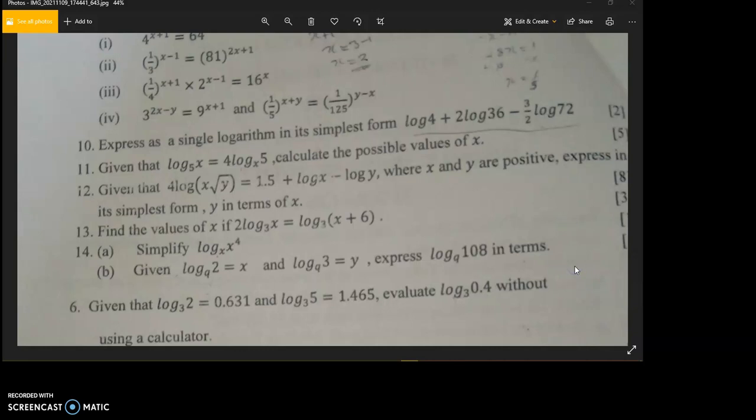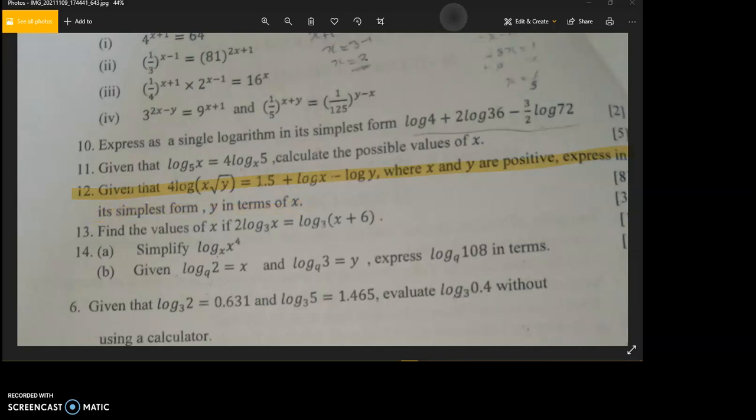What we are basically looking at today is how we can work out some logarithmic problems. Our problem of interest is question 12, first of all. Question 12 reads: given that 4 log(x root of y) equals 1.5 plus log x minus log y, where x and y are positive, express in its simplest form y in terms of x.